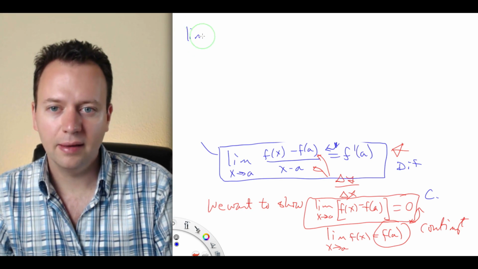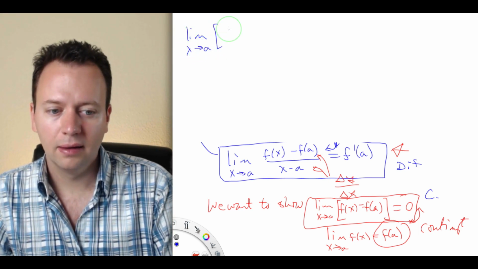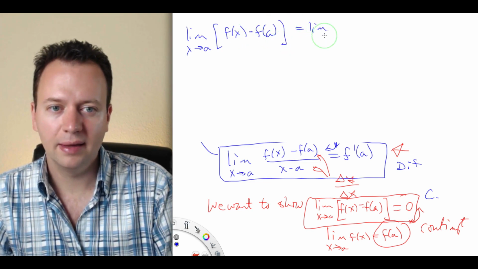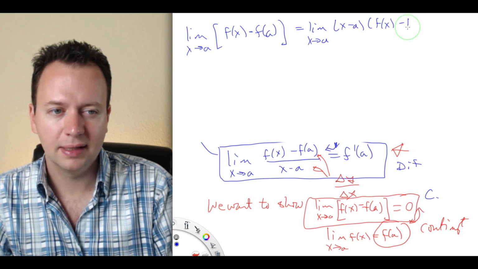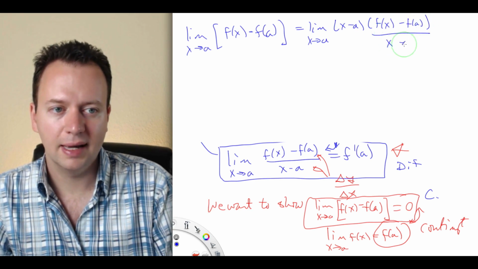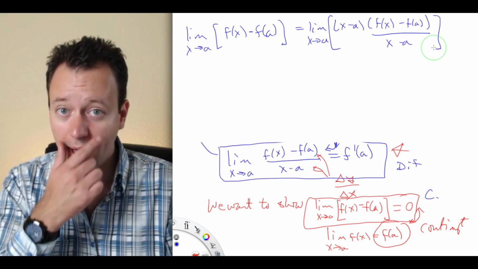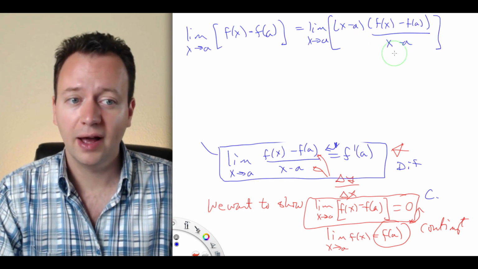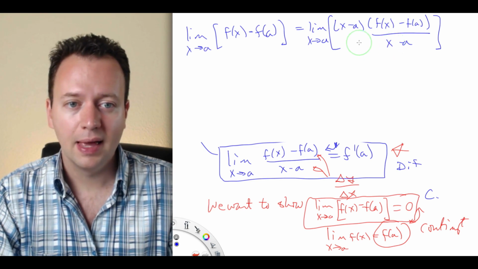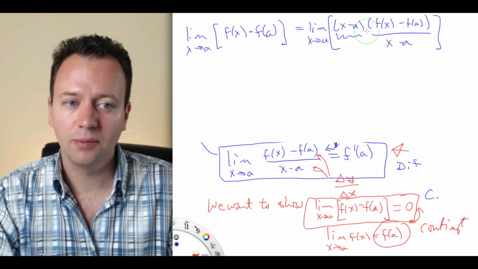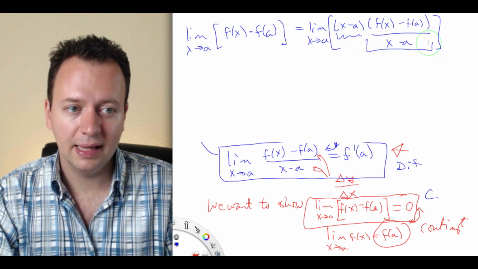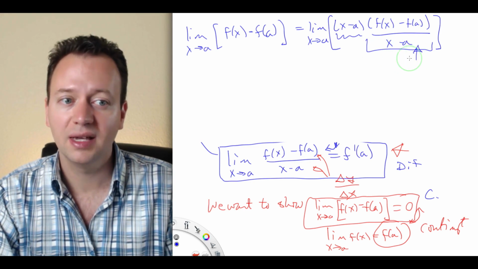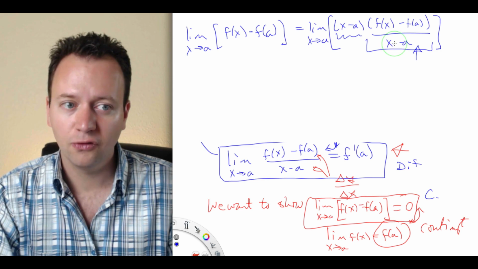The limit as x goes to a of f of x minus f of a is the same as the limit as x goes to a of x minus a times f of x minus f of a over x minus a, because I multiplied and divided by a factor of x minus a, so these factors cancel out and the limit is the same. Now, the limit as x goes to a of x minus a exists, and this limit exists because we're assuming the function is differentiable at this point.